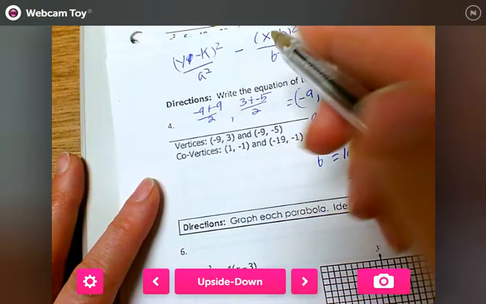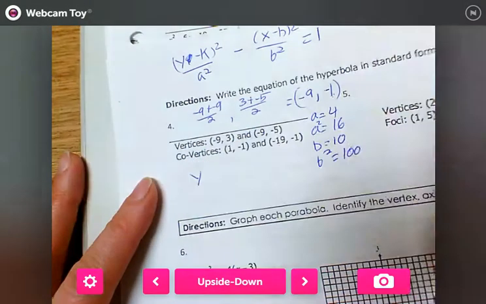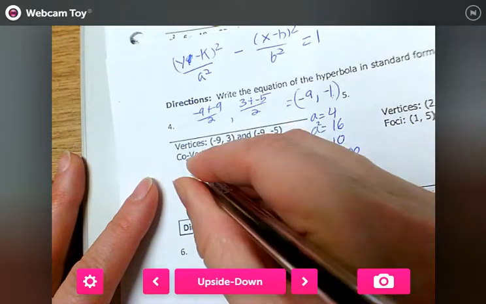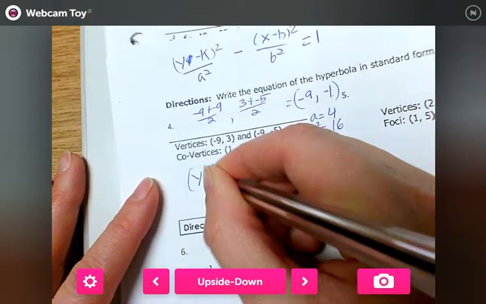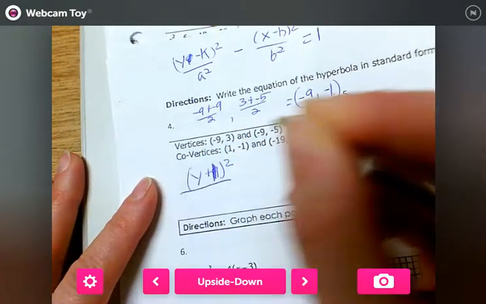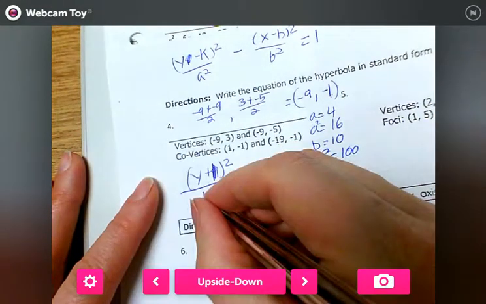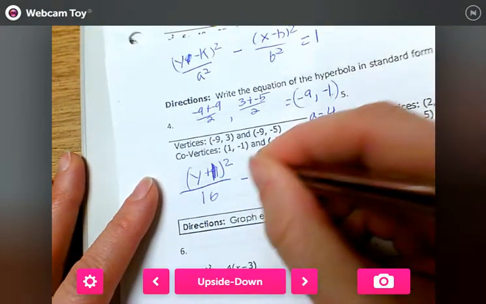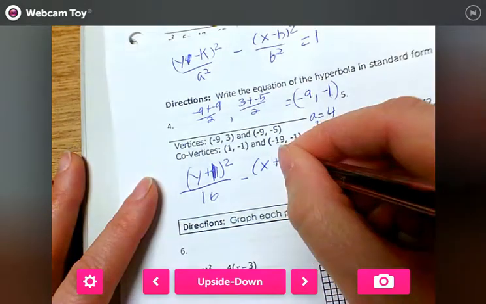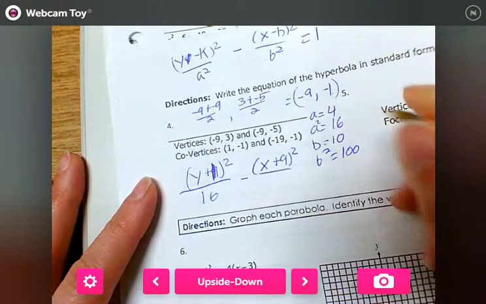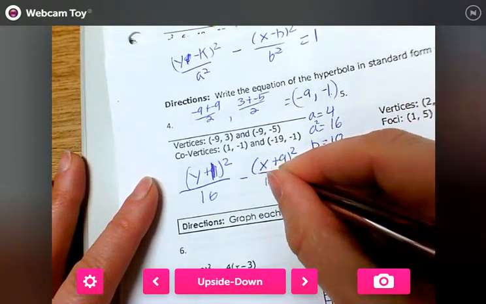Then I can just fill this in. Y plus 1 squared over 16 minus x plus 9 squared over 100 equals 1.